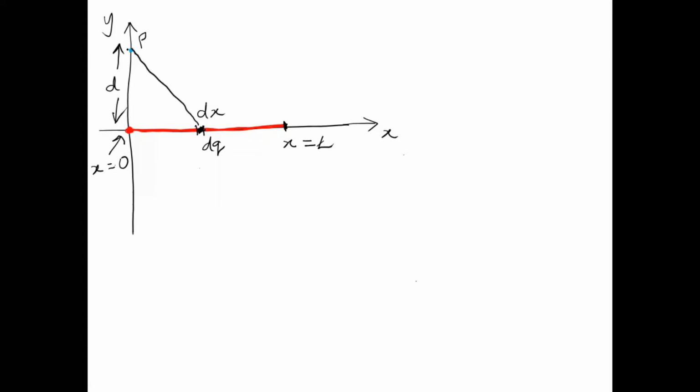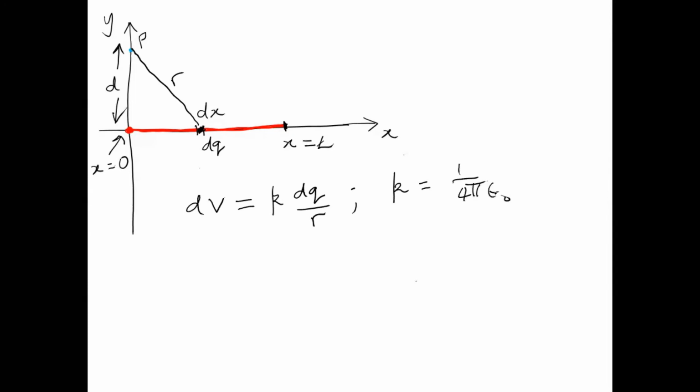We can write dV is just equal to k dQ over R, where R is the distance from that charge up to the point of interest, and of course, we know that k is nothing but 1 over 4 pi epsilon naught.